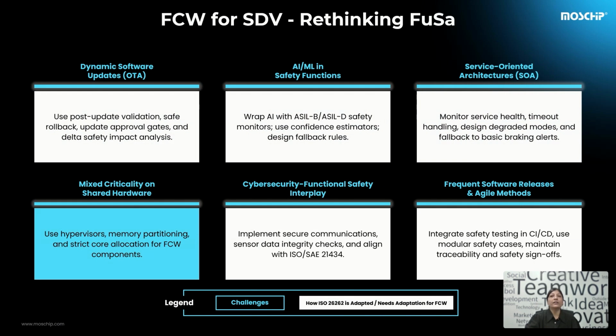If the infotainment system crashes or uses too much CPU or memory, the FCW system might not get the resources it needs, affecting its real time performance. Subsystems are commonly isolated using virtualization technologies such as virtual machines, containers, or hypervisors. Also, dedicated real time cores or hardware partitions are assigned exclusively to these tasks.